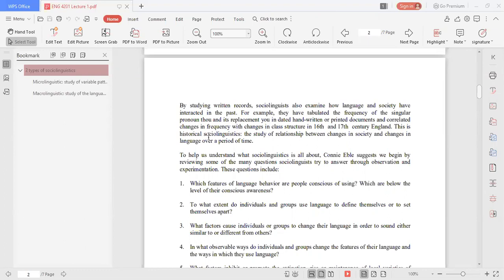So sociolinguistics, as a discipline, tries to find out the reasons behind this. So this is also a part of sociolinguistic study.